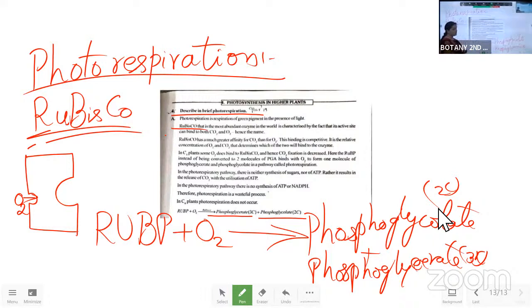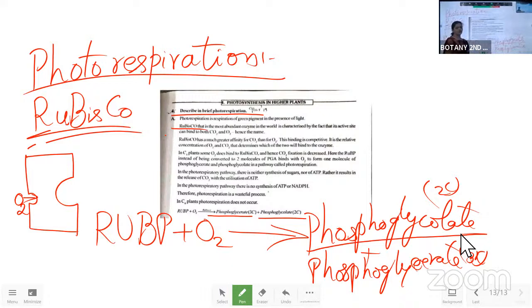And in this phosphoglycerate, that is the phosphoglyceric acid, PGA, this won't start the further steps. The further steps were started with the phosphoglycolate. That is a 2-carbon compound. So we will call photorespiration the C2 cycle. Now this phosphoglycolate will go into different forms in the different organelles.